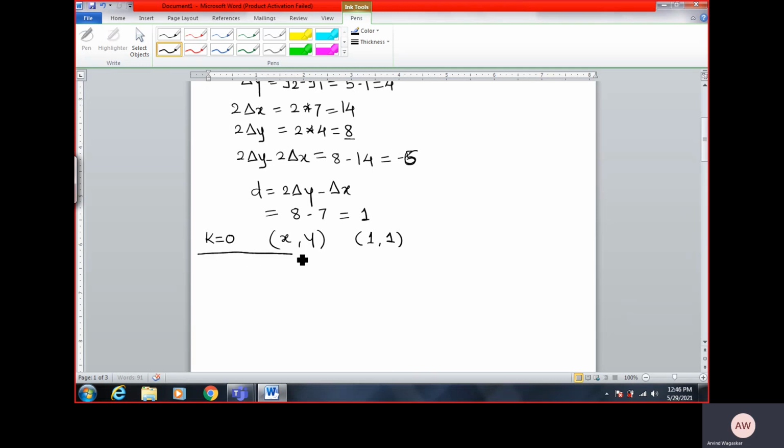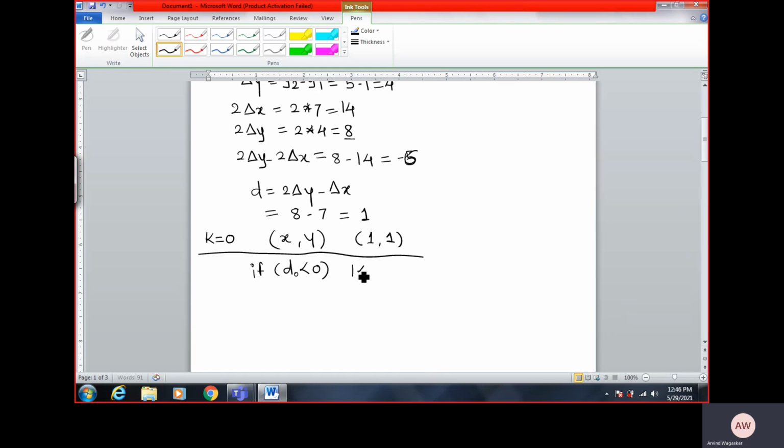This was your starting point. Now you have to go further. You have to check the value of d, whether it is less than 0 or greater than 0, by comparing it with 0. The initial value d0 we got is 1.